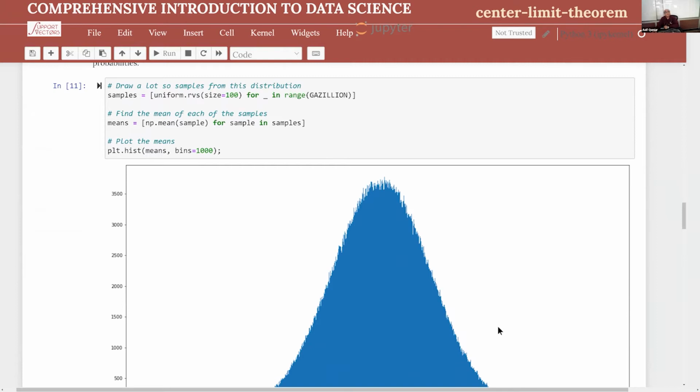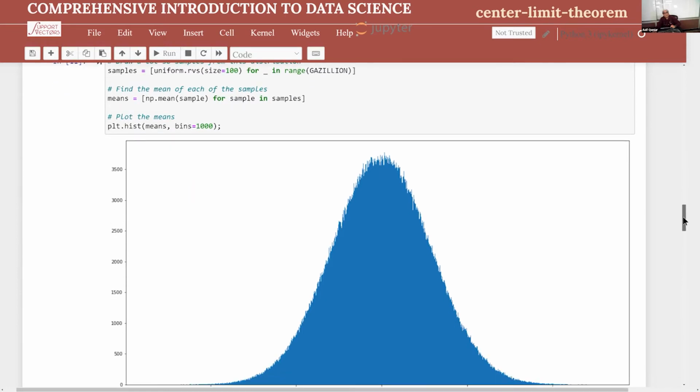The means of values drawn from a uniform distribution, all those means show a bell curve distribution. And I believe at this moment, if you really think about it, it's quite a remarkable fact. This is something you probably didn't expect, or normally you wouldn't expect, unless you know this theorem.